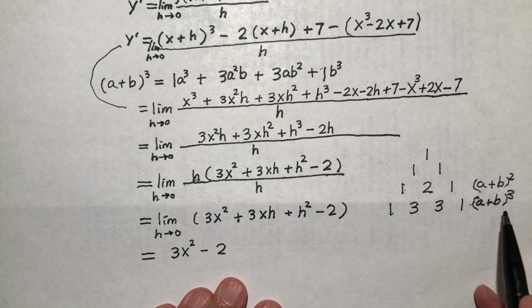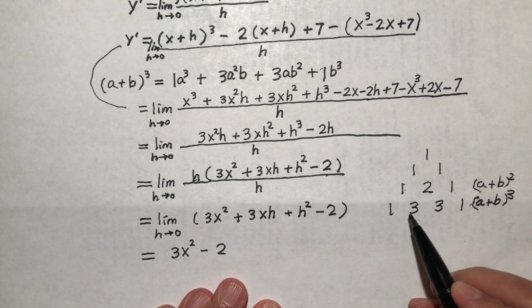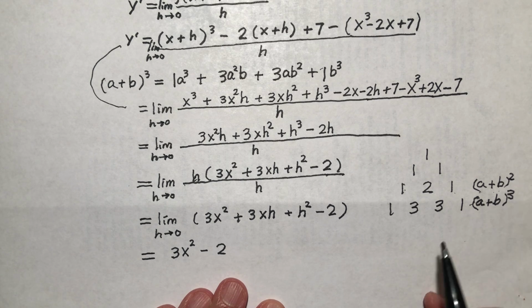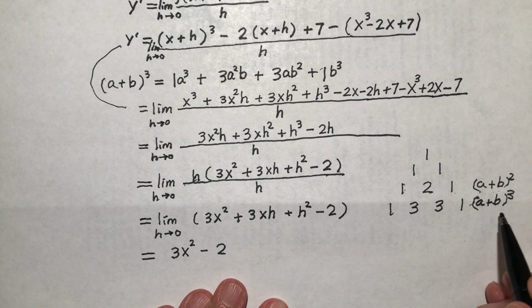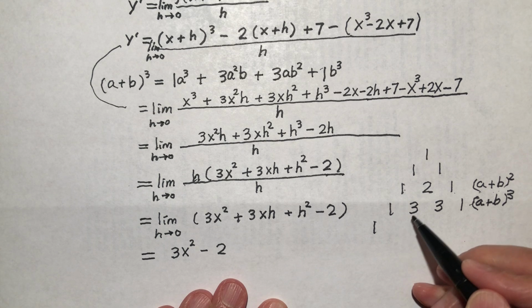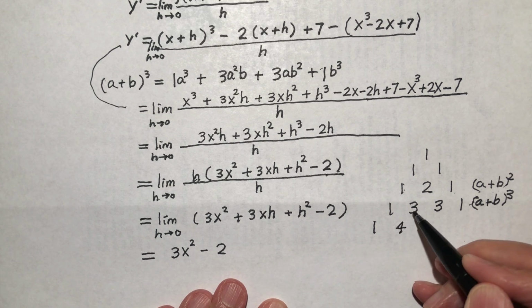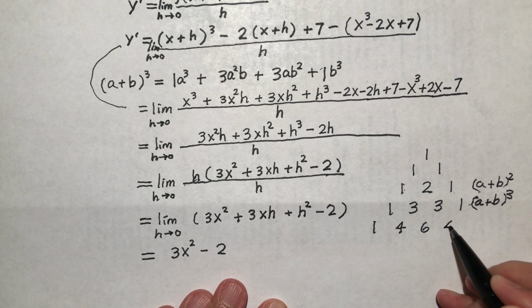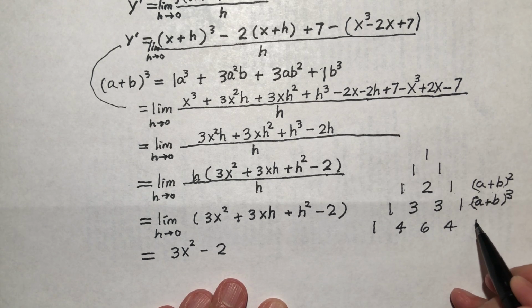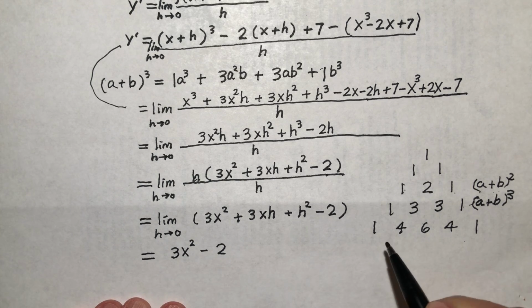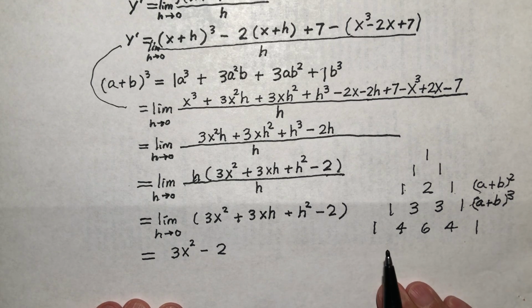What is the expansion of the cube? a cubed, 3a squared b plus 3ab squared plus b cubed. Can you extend this to a plus b to the power 4? Of course I can. 1 plus 3 is 4. 3 plus 3 is 6. 3 plus 1 is 4. And I have 1. So for the 4th power, I have 1, 4, 6, 4, 1.